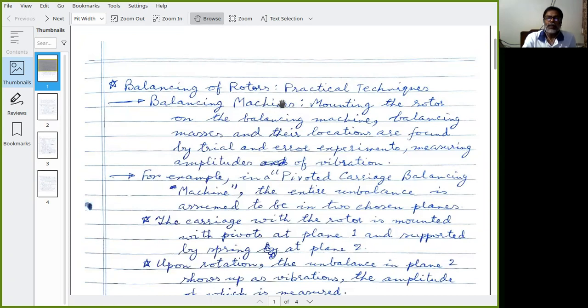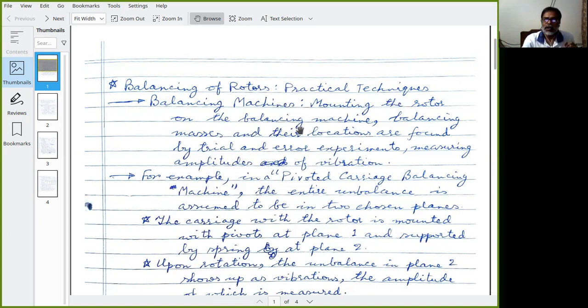In balancing machines, you have the framework with shaft and measurement devices, on which you can mount a carriage with the rotor, and then you can work out the balancing masses which will balance the rotor.